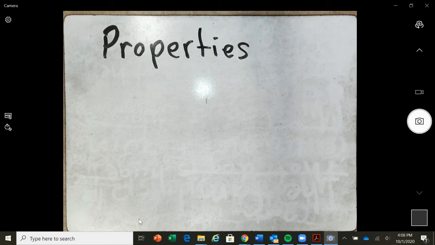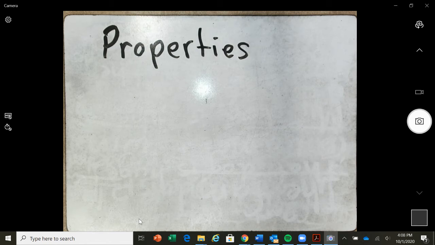So properties are things we know about objects by looking at them or feeling them. If something is rough, that's one of its properties. If something is smooth, that's one of its properties. Okay? So we're going to continue our work as geologists.